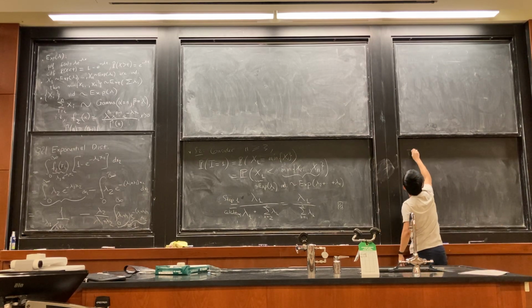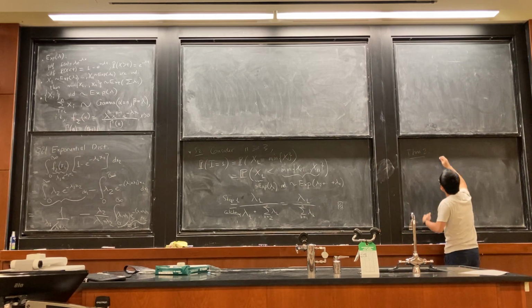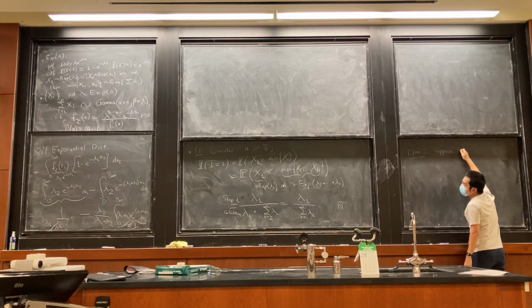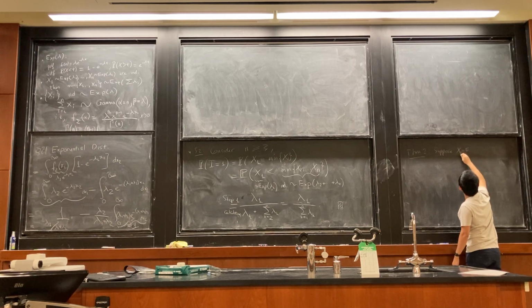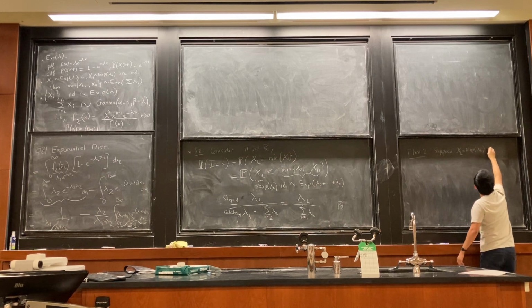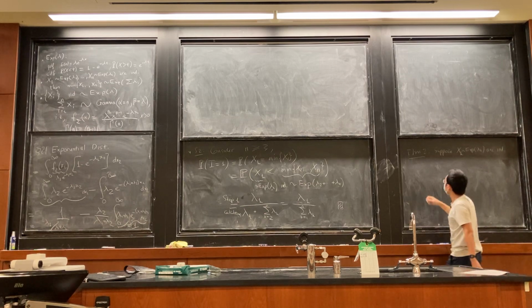Let me move to the last piece in this short section, under the same hypothesis. So xk are exponential with rate lambda k and independent.